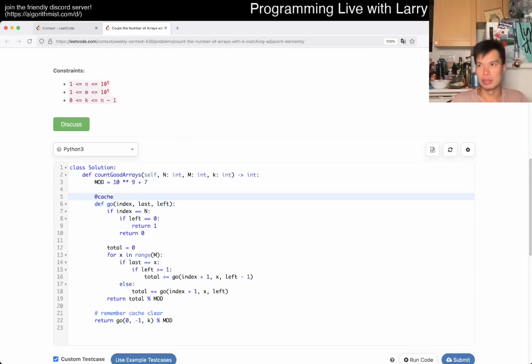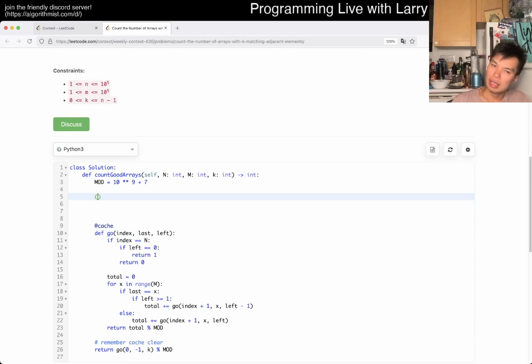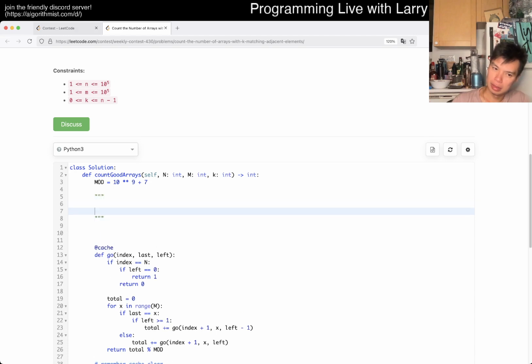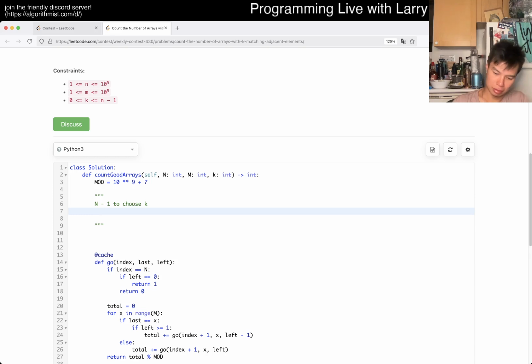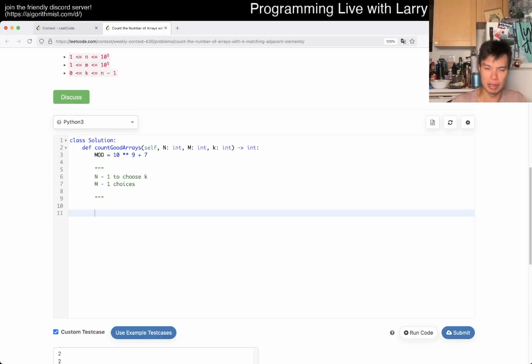Because basically you have n-1 places to choose k, right? So this is going to be n-1 choose k, except for the number of places where you don't choose k, you have m-1 choices or something. So then maybe that's it, right? I don't know if that's right, but I don't see a way for the DP, honestly.